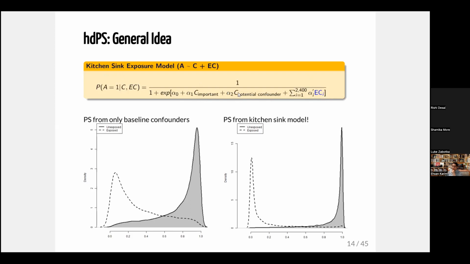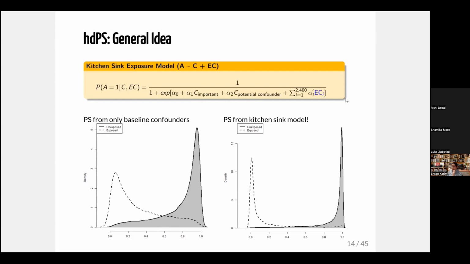And when we use this kitchen sink model, look at what is happening to our propensity score distribution when we divide them by the exposure group. So this is the propensity score distribution when we used only the investigator-specified covariates. That means the important and the potential confounder covariates, we had 29 of them. And then there was some overlap here.